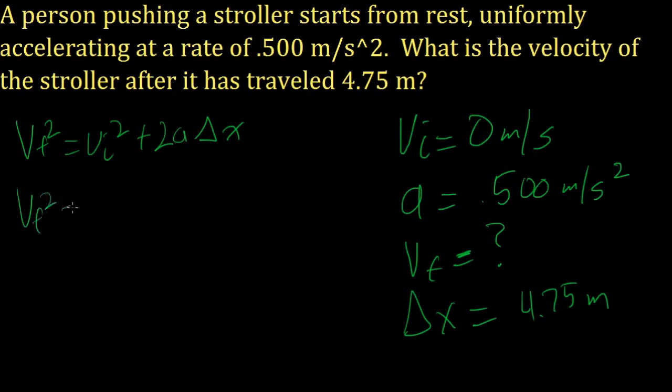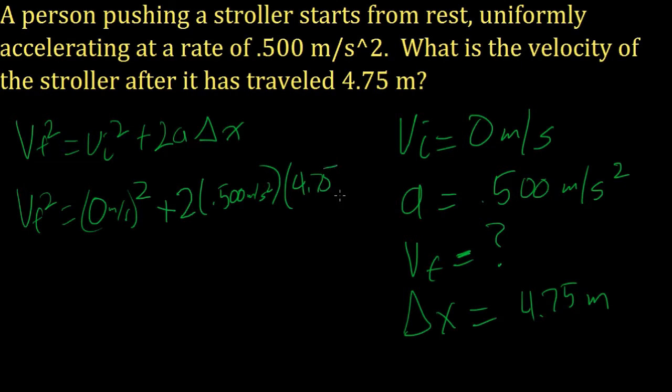So Vf squared is going to equal Vi squared, which is 0 meters per second squared. And that's just going to drop out, plus 2 times A, which A is 0.500 meters per second squared, times delta x, which is 4.75 meters.